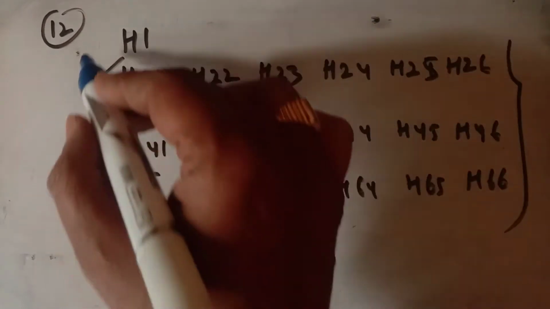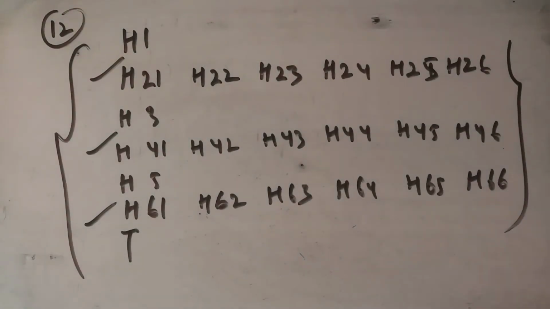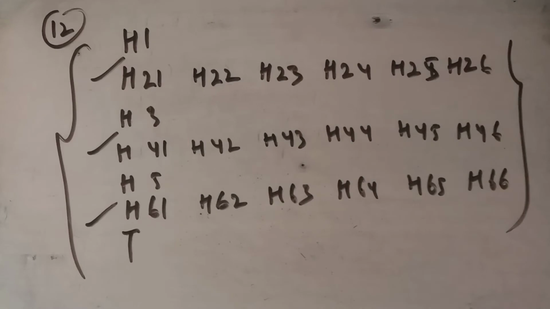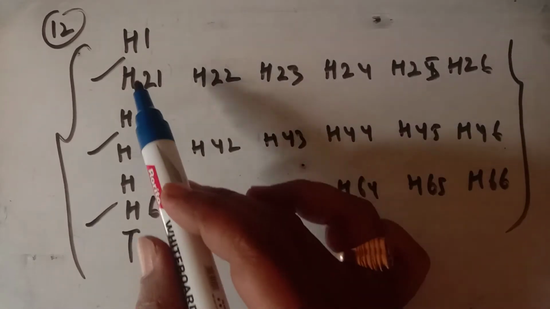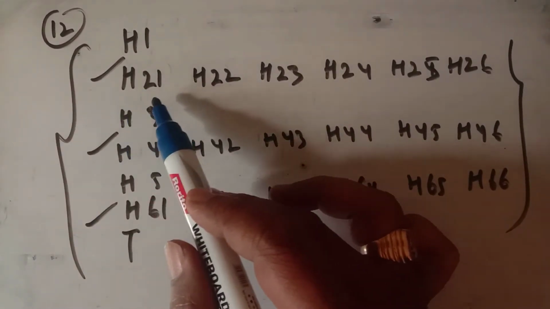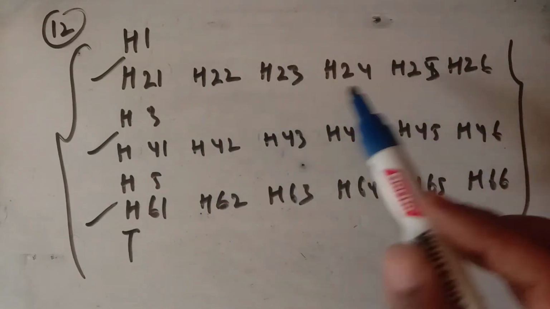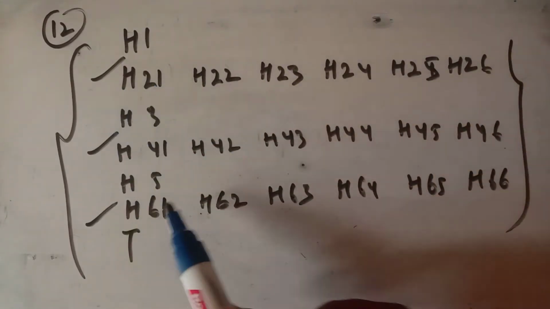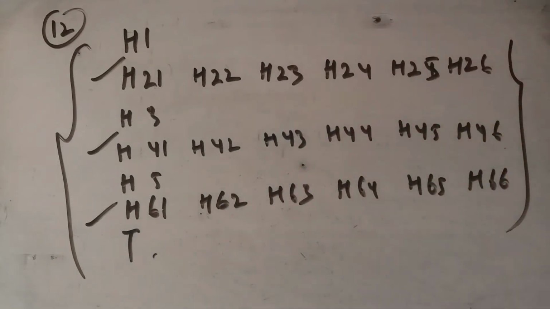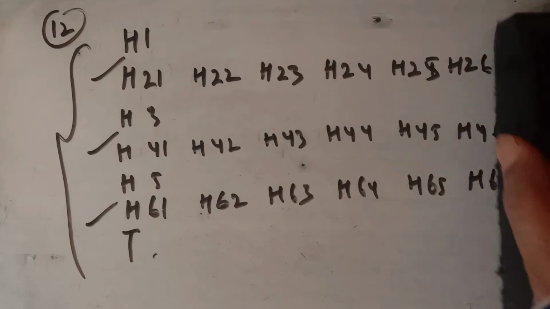This is the sample space when the coin is thrown, and if a head is obtained, we throw a die, and if on the die we get an even number, we throw a die again. So even numbers आने पर we throw a die again, and tail पर nothing. So this is the sample space for question number 12.